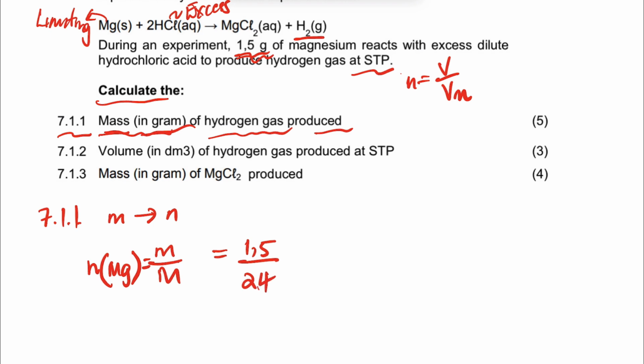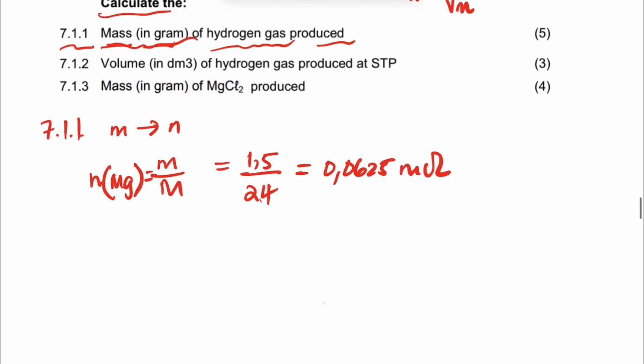The molar mass of magnesium is 24, and you get it from the periodic table, right? When you punch that in the calculator, you will get 0.0625 mole. That's the number of moles of magnesium.